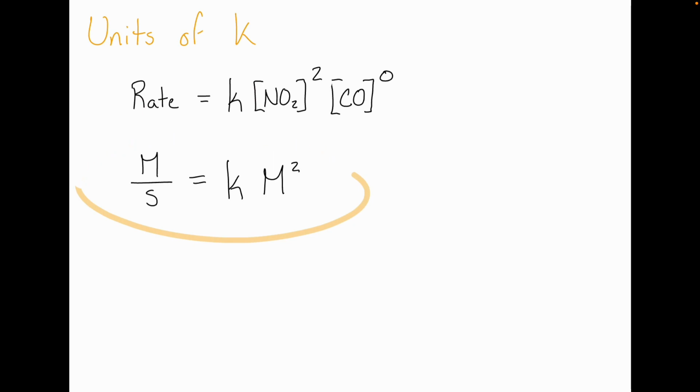If I'm going to get K all by itself, I'm going to divide both sides by molarity squared.